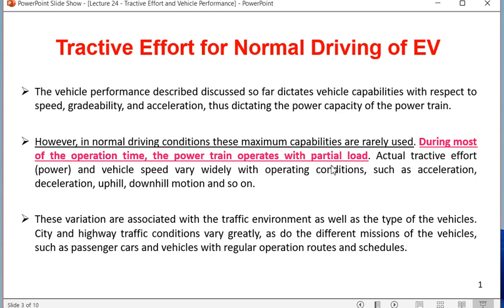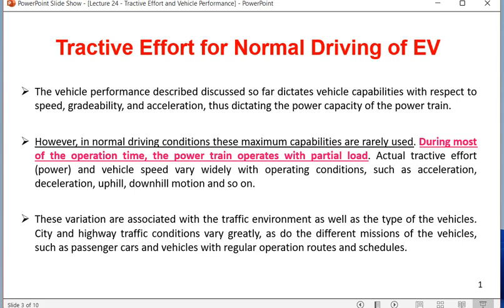Partial load means the vehicle is not fully stretched; the steady energy source is continuously in a discharging mode, giving power for the vehicle to drive itself on a flat road with high acceleration and all. That is called the normal driving condition, the highway driving condition.